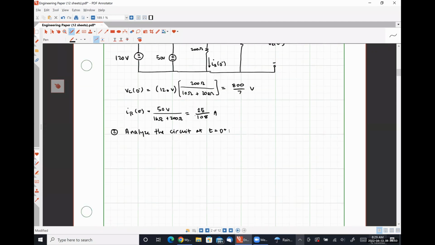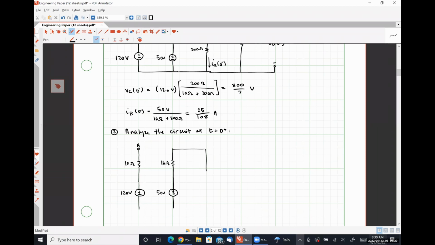So let's see, we have our 10 ohm resistor and our 120 volt source like so. Here's terminal A. And then we're going to have our 16 ohm resistor in series with our 50 volt source.